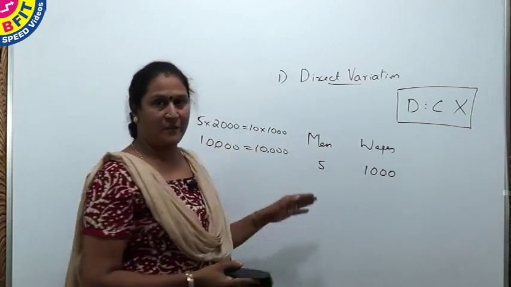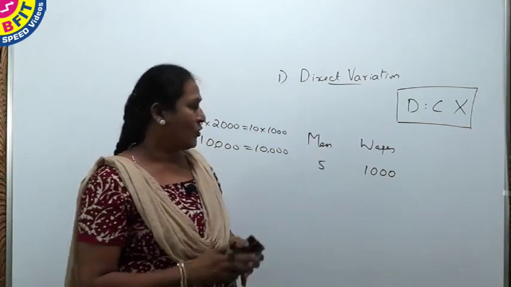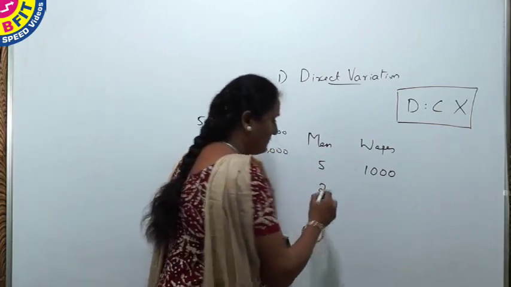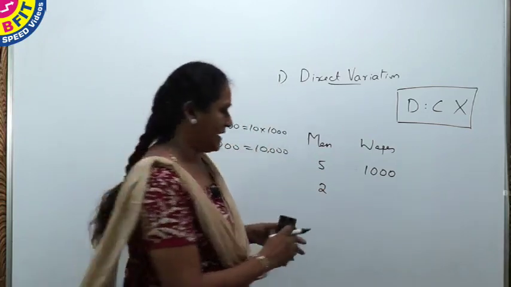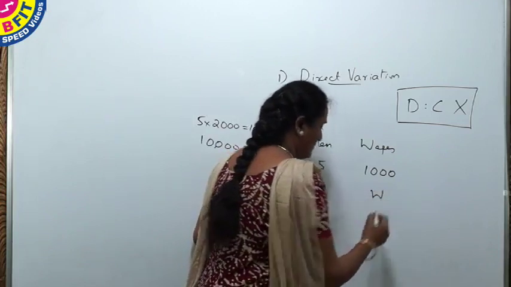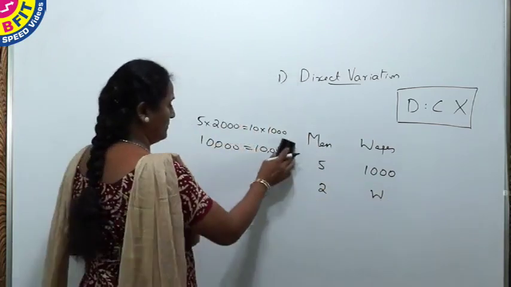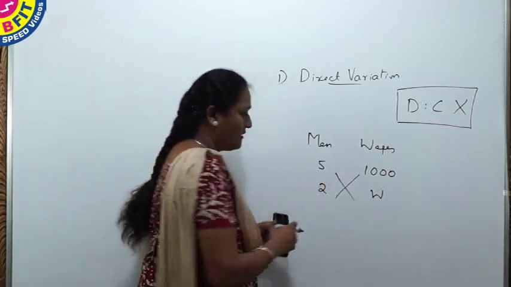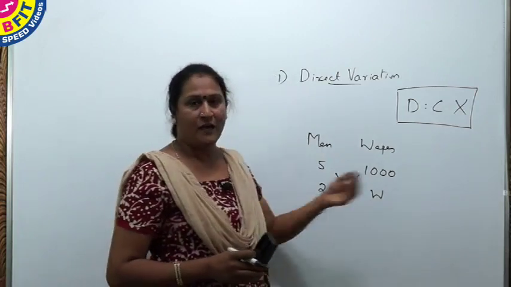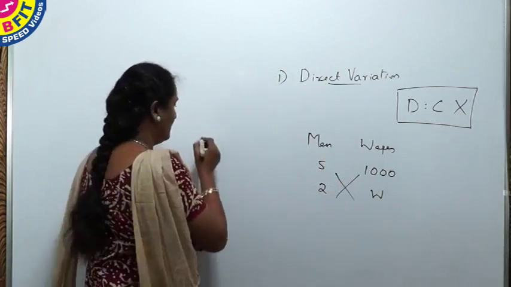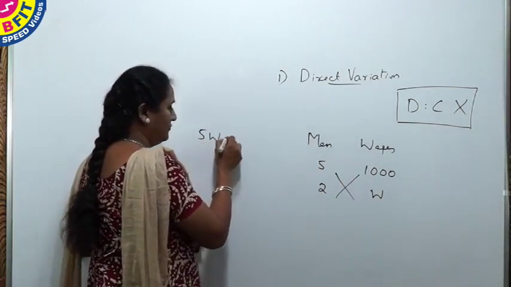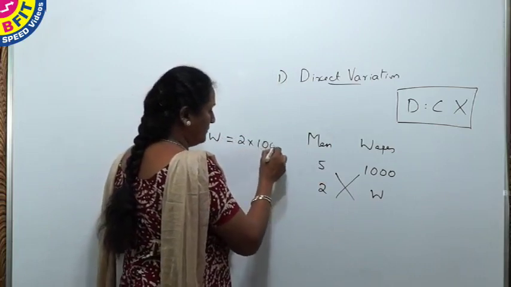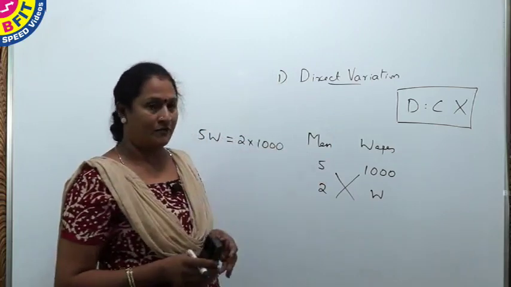If for 5 men wages is 1000, what will be the wages given to 2 men? For 2 men wages is asked, and to find this, using the same cross product and equating them, you can find the value. So 5 into W will be equal to 2 into 1000.